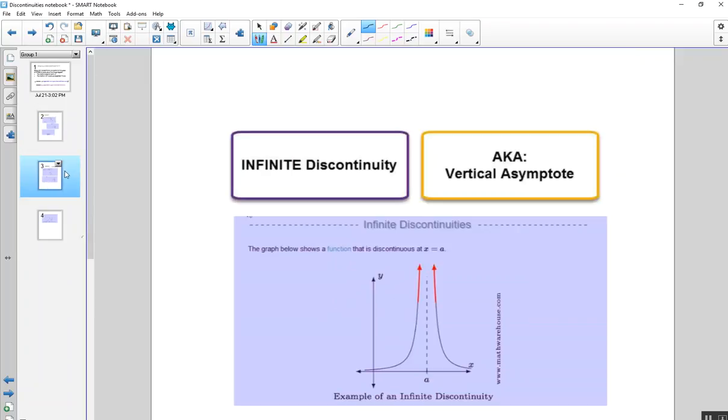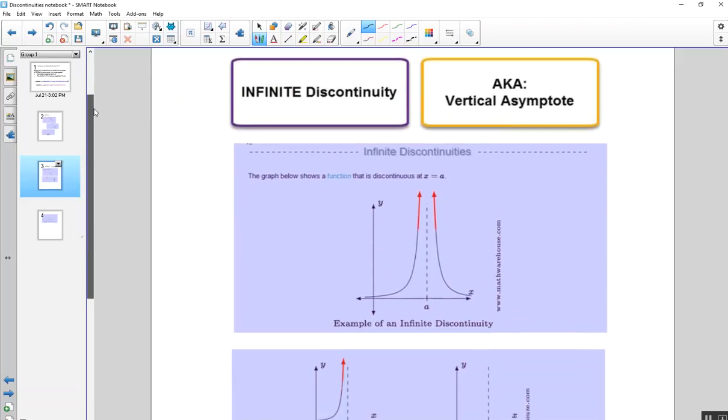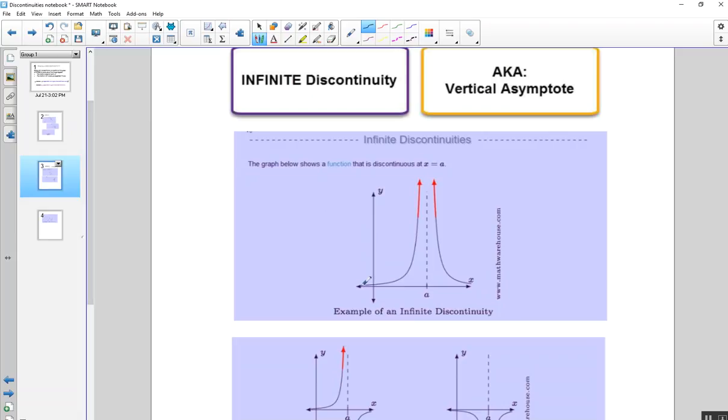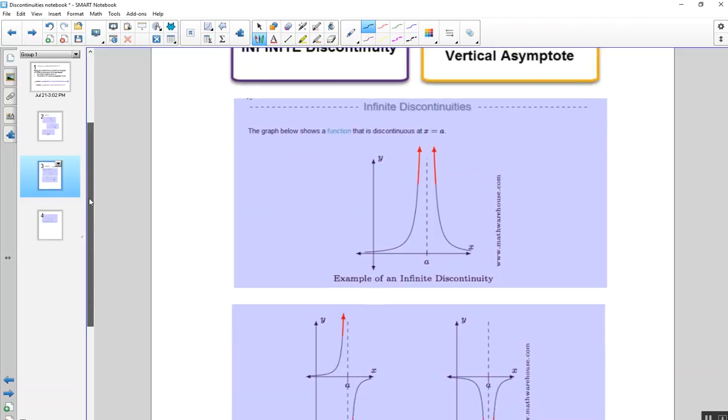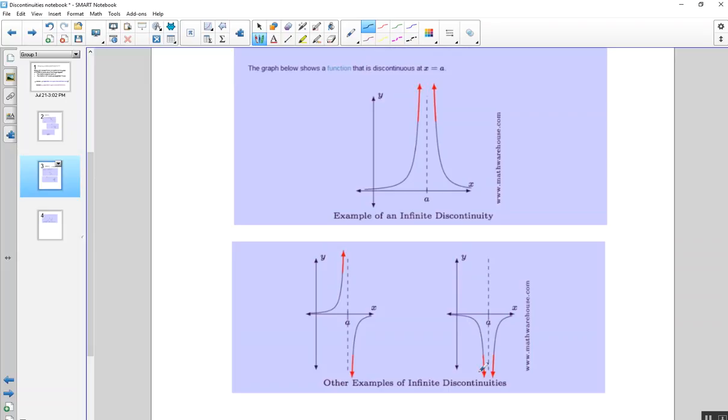Let's look now at an infinite discontinuity, and these ones you've studied in grade 11. These are called asymptotes, or vertical asymptotes. As x approaches the value of the discontinuity, the function either approaches infinity or it approaches negative infinity.